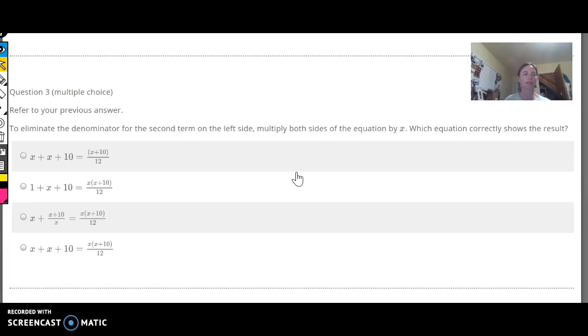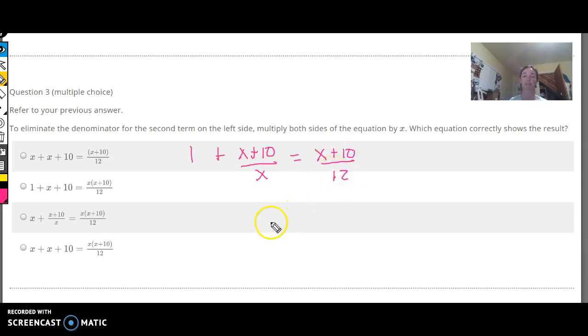Question 3. To eliminate the denominator for the second term on the left side, multiply both sides of the equation by x. So now, we're continuing on with that same answer. We've got 1 plus x plus 10 over x equals x plus 10 over 12.